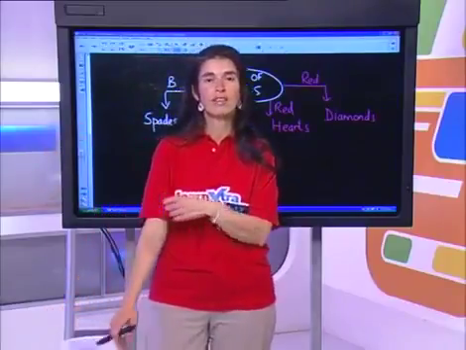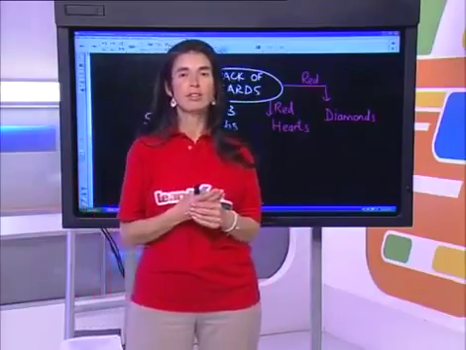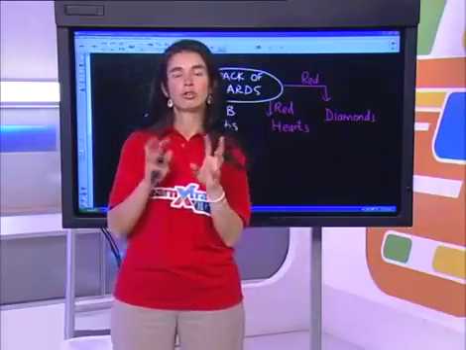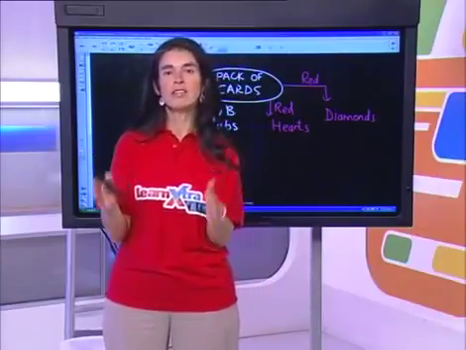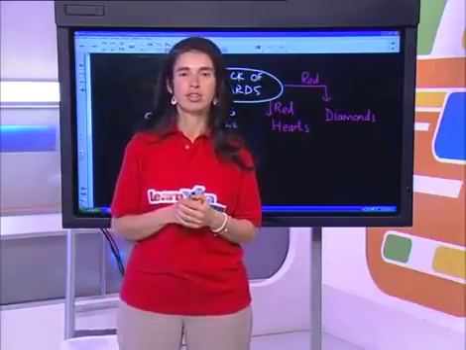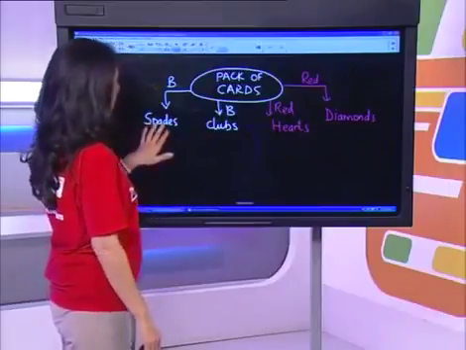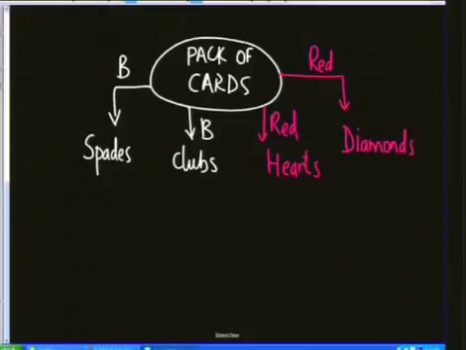Those 13 cards in the suit include the picture cards and the number cards. We have cards 2 to 10 as our numbered cards, and we have our jack, our queen, and our king as our picture cards. So we've got spades, clubs, hearts and diamonds.